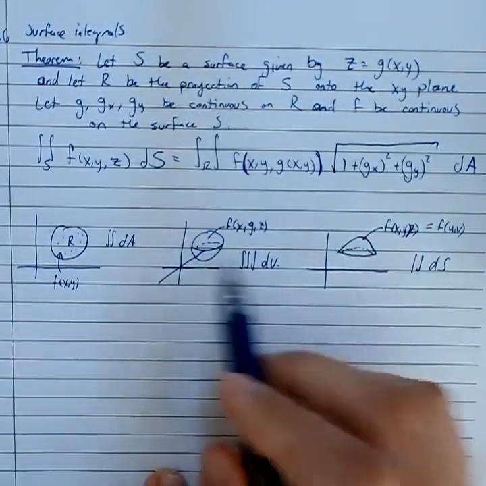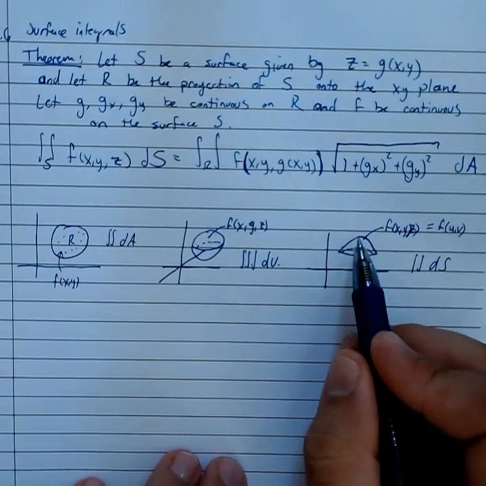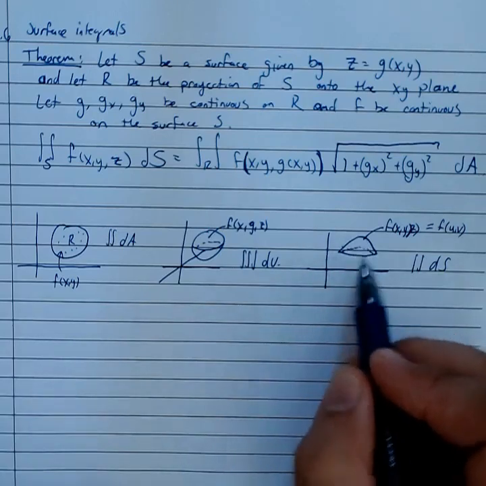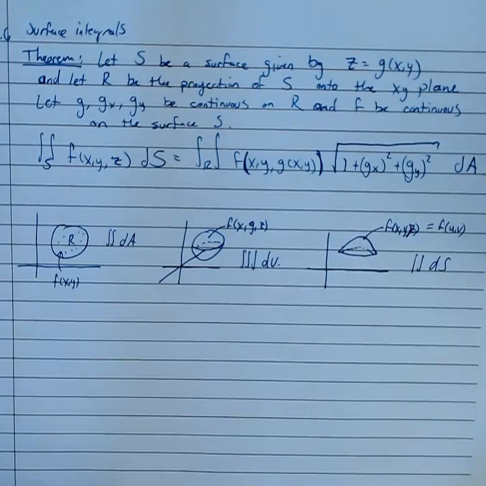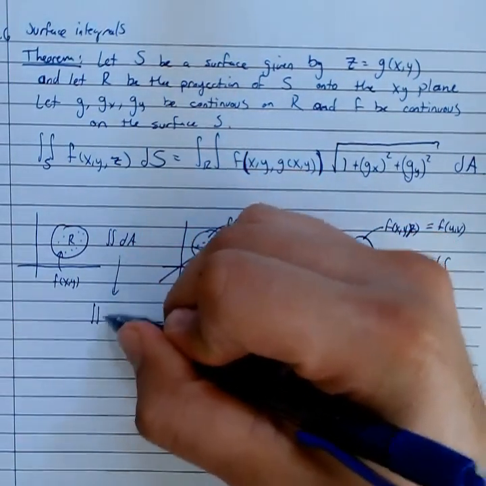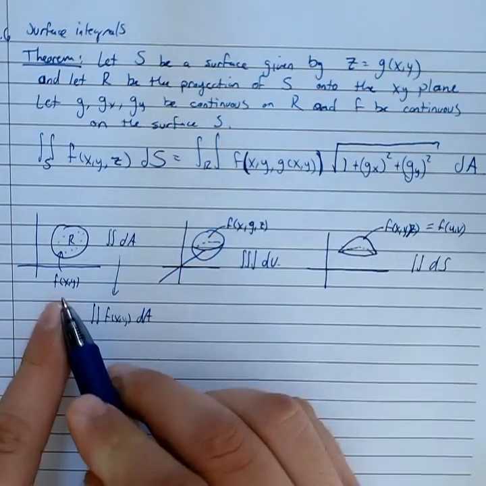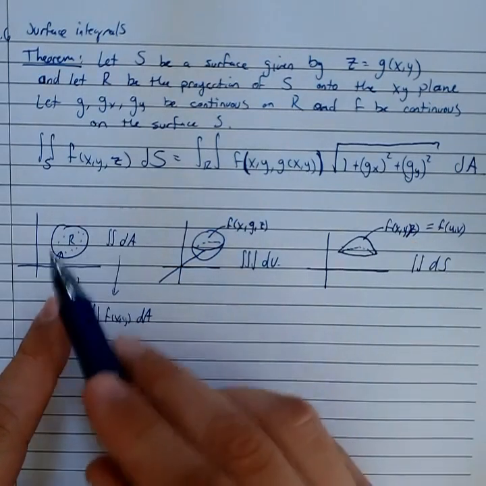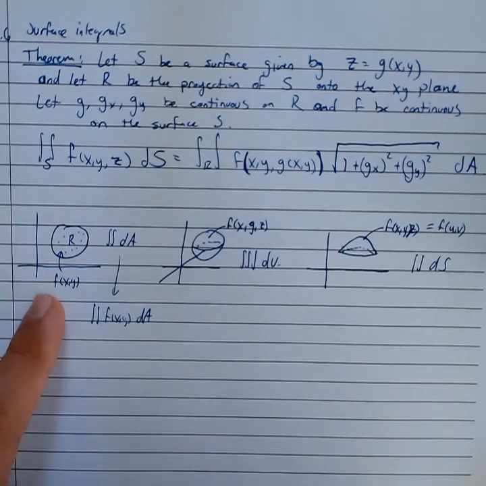And just like these, every point on this surface, we're mapping a function to every point on here. And if we then add all those together, that's going to be a double integral over the surface area. So here, just like this yields a double integral over f of x comma y dA using a function that maps every point in here to a value, in this case a z value.